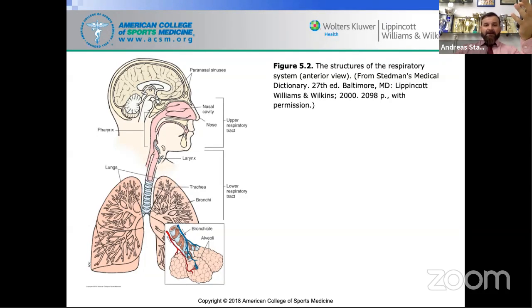That's where we exchange the oxygen and get rid of byproducts of metabolism like carbon dioxide. You can see how many times it's broken down once here, and then how many times it's broken down again and again. And that's why we end up with such a high number of alveoli.